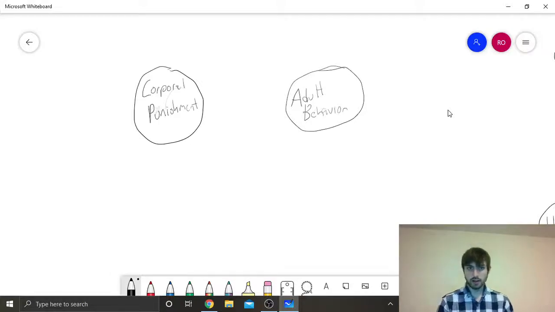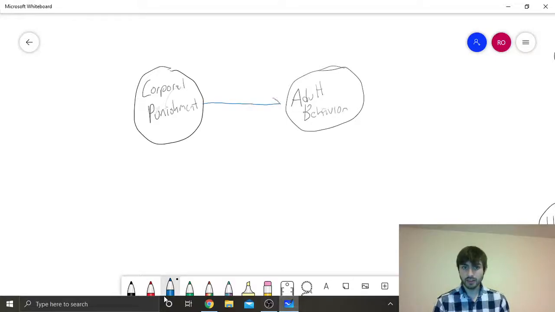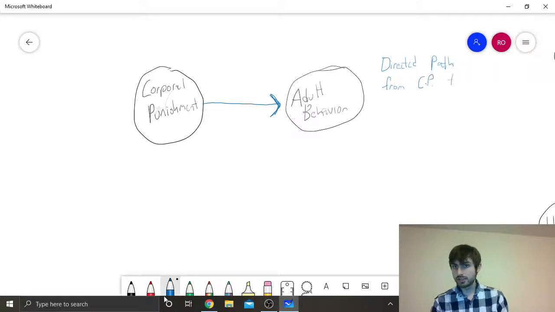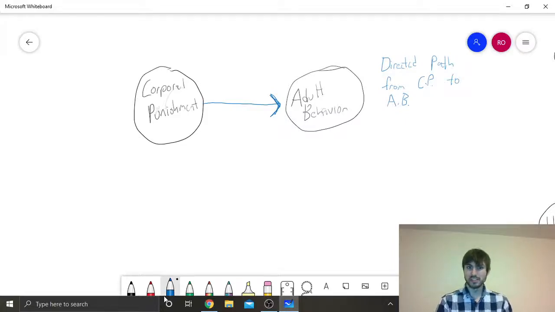And we know that there's some causal effect here that we're interested in. Another way we can say that is that there's a directed path from corporal punishment to adult behavior. So another word for a causal effect is a directed path.